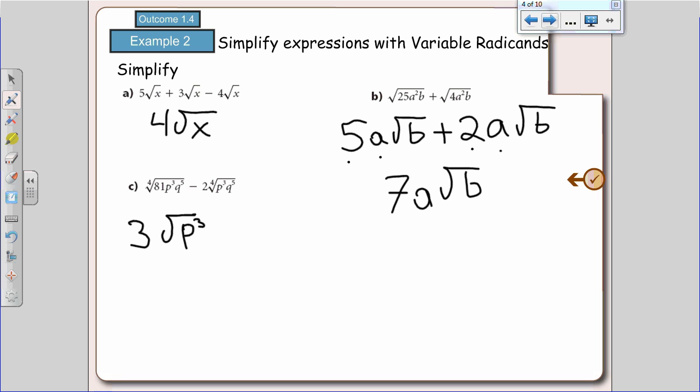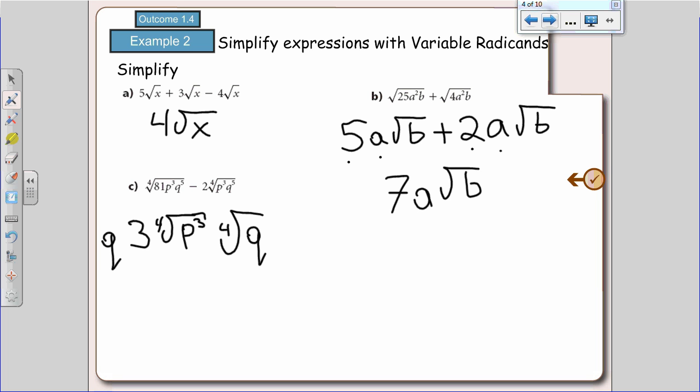We're about to do the q's. What's the 4th root of q to the 5th going to be? 1q is going to come out, and then 1q is going to stay in. So it's going to be 1q in the front, and 4th root q is still right there. And those can combine under the same 4th root sign.